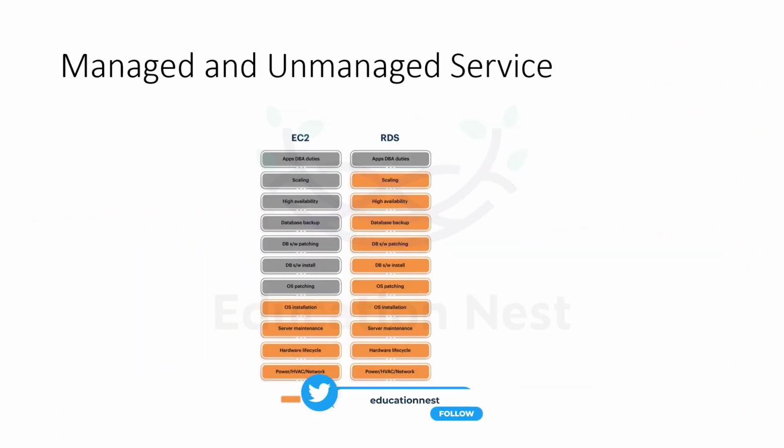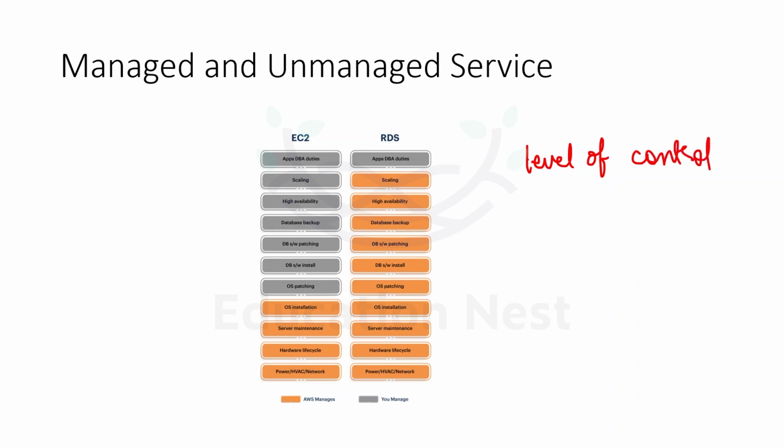The next topic that we are going to talk about is unmanaged and managed database services. AWS provides us with both managed and unmanaged database services, which differ in the level of control and the responsibility that a user has over the database environment.